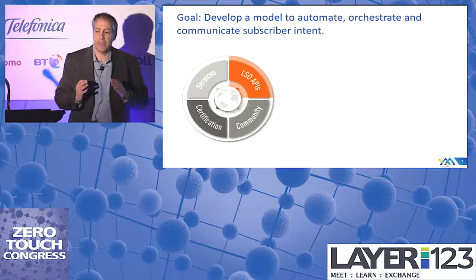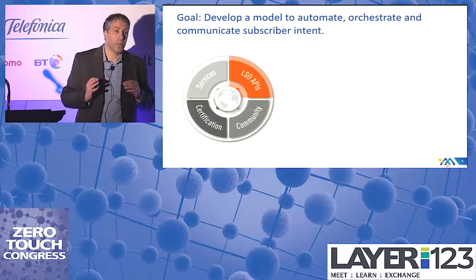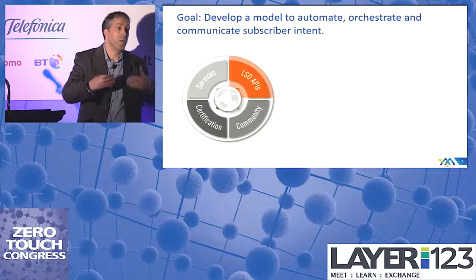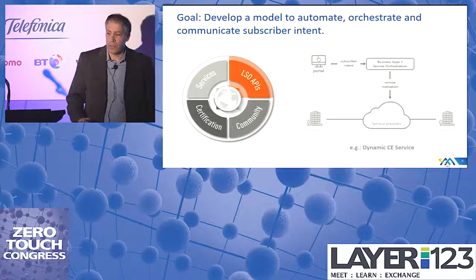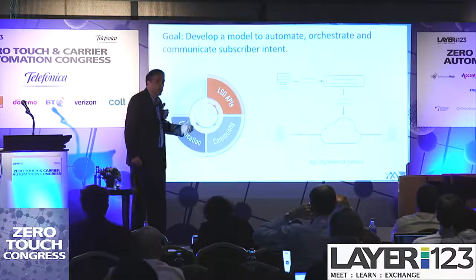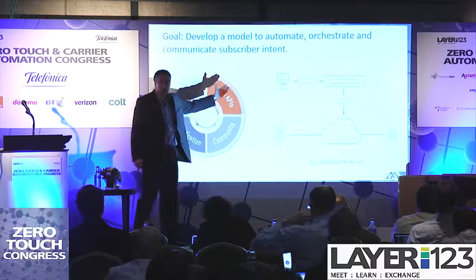So the idea here is to develop a model that you can automate your network, orchestrate your services based on what the end user intends to do. So if you look at your network, what we want to get to for every operator is that the user will have a self-service portal.